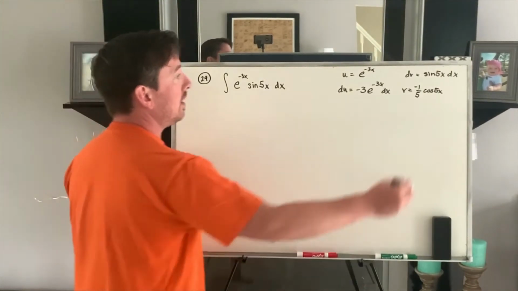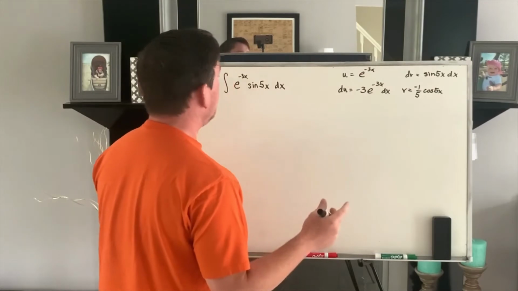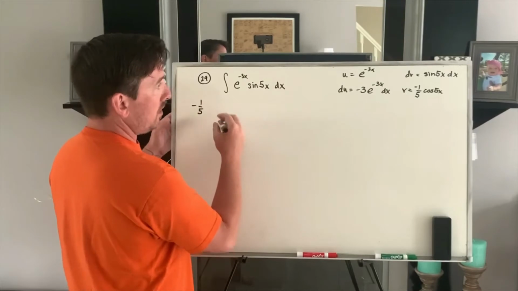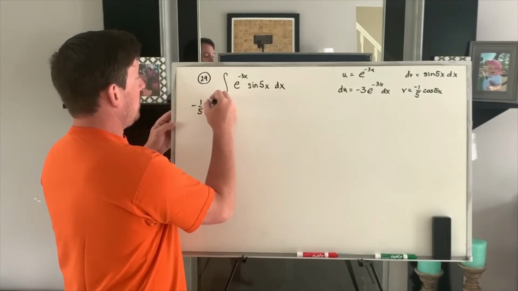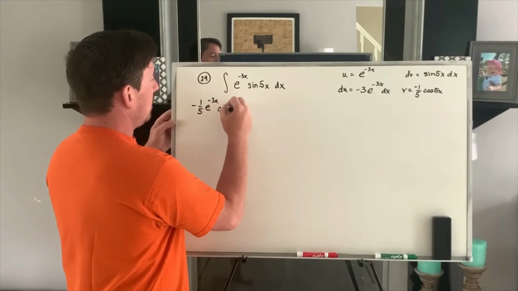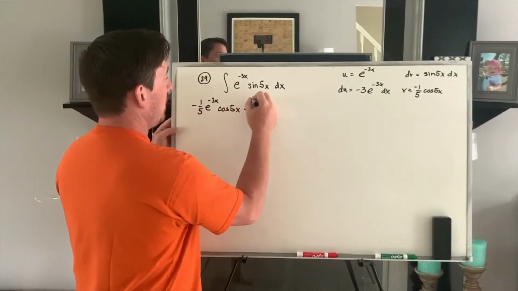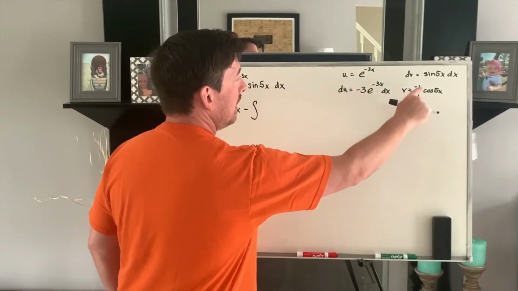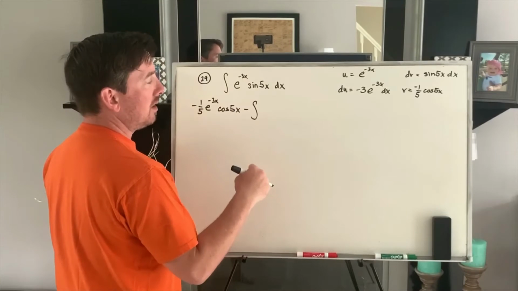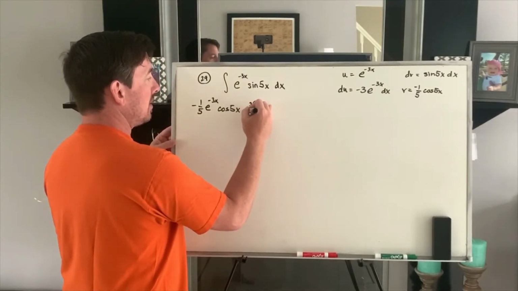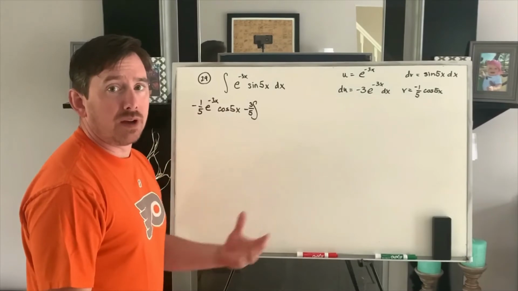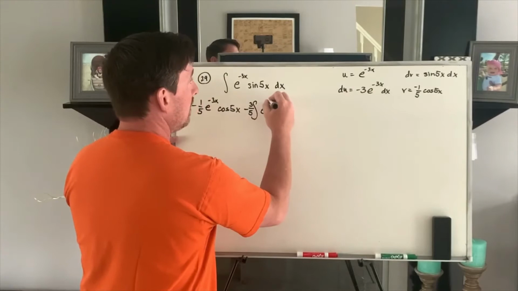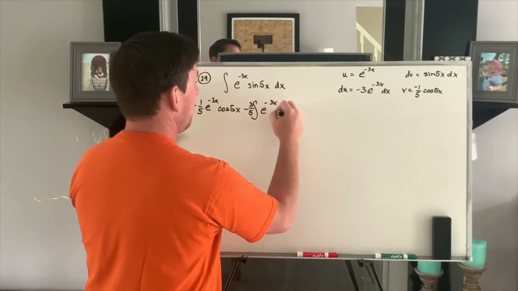Okay, so now we have our formula, just u times v, negative 1/5 e to the negative 3x cosine 5x minus the integral of, let's just make the negative 3 and negative 1/5 a positive 3/5, and I'll throw it out front. Like I said in the last problem, if you have coefficients, just get them out of your way. And I have e to the negative 3x cosine 5x.